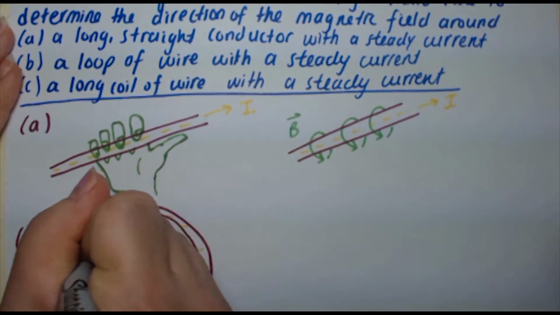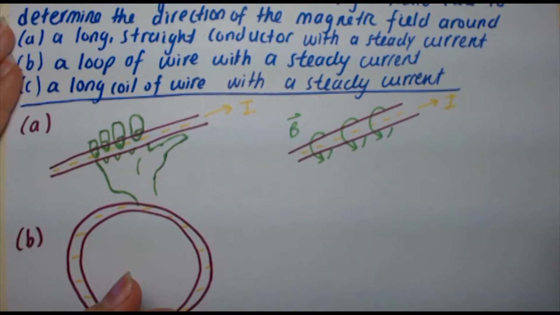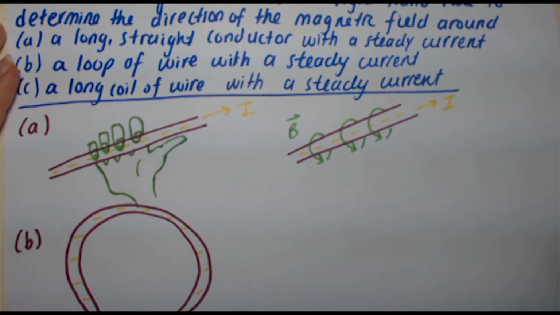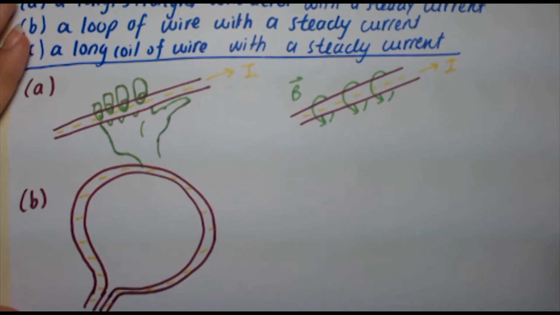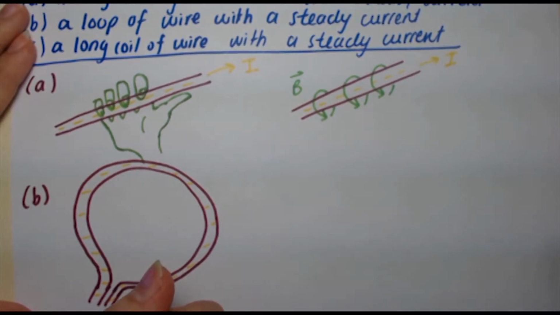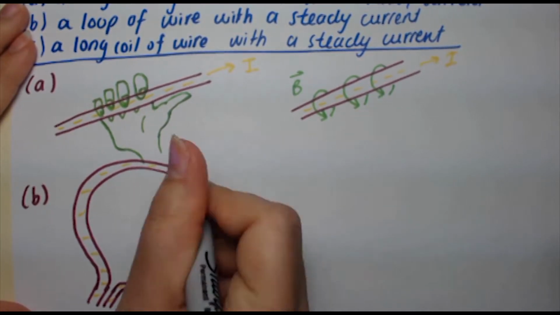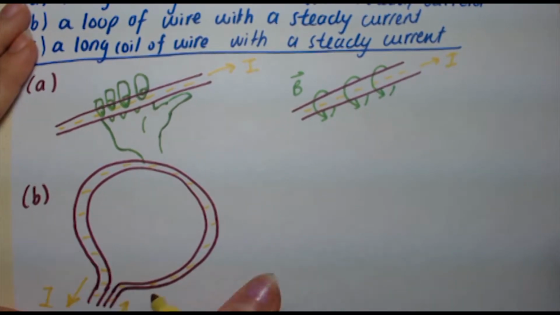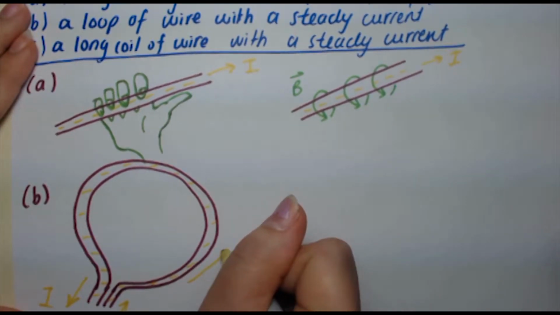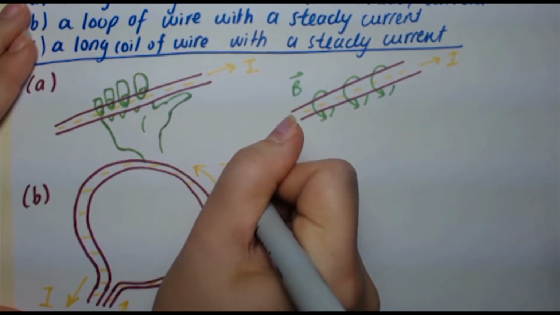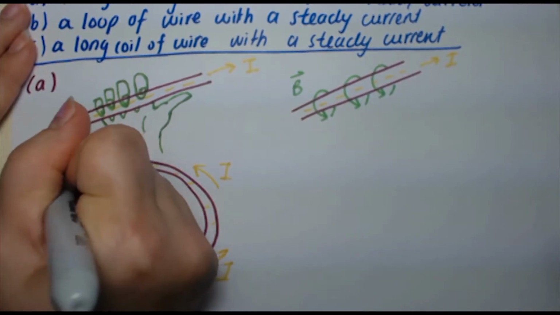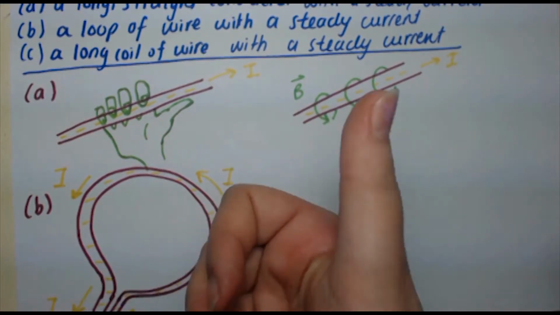Remember, the direction of current is defined as the opposite direction of electron flow, since back in the day everything was theorized based off a positive test charge. So we'll let the current be coming in like this, and it's going outward. Around the loop, we've got the current going in this sort of direction. Again, you take your thumb and you take it around.